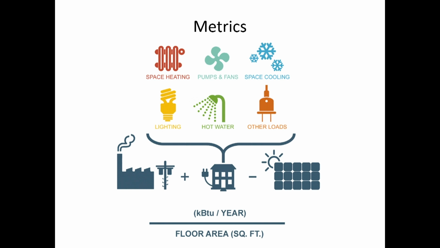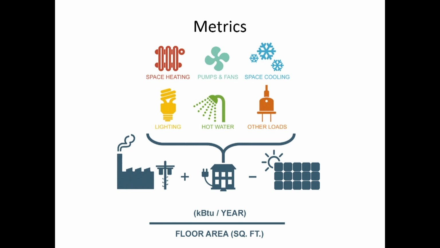So again, I think we've made this point that you've got these building loads, you've got solar panels, and you also draw from the utility grid. And the metric that gets used as a measure of the density of your building energy use is the number of BTUs, British thermal units, per year, divided by square foot, the floor area, the total square footage of your building.